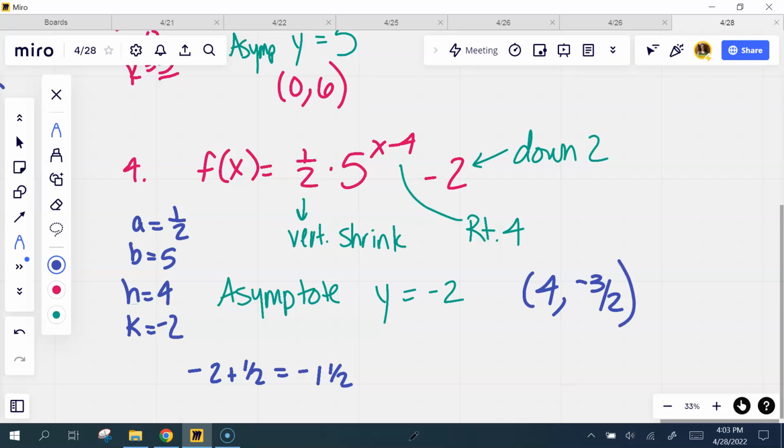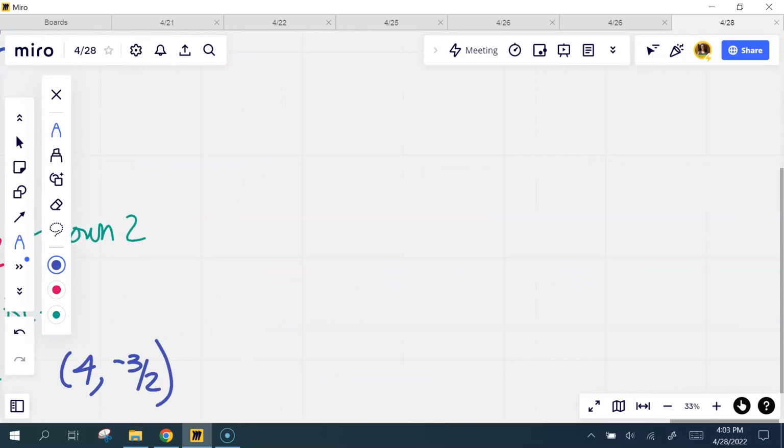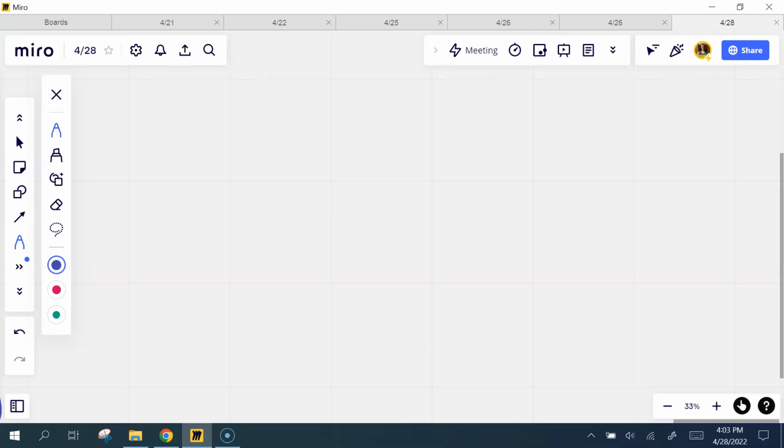Okay? All right, let's actually graph one or two of these, and then I'll let you finish the rest on your own. Actually, let's move to a little bit harder one. Let's do number 7. All right, so we've got f of x equals 1/2.